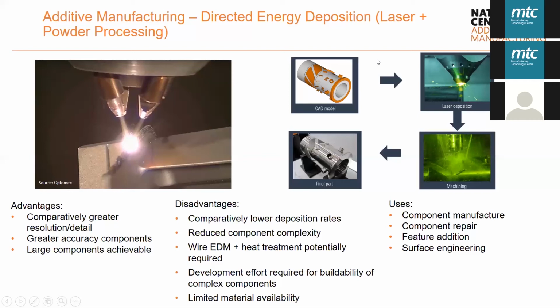So I believe HMT offer a laser powder blown process head that they will bespokely attach or fit to a CNC system that you might have. Essentially that will give you a dual purpose CNC system where you'll be able to build components or add features, and then machine within the same process flow.